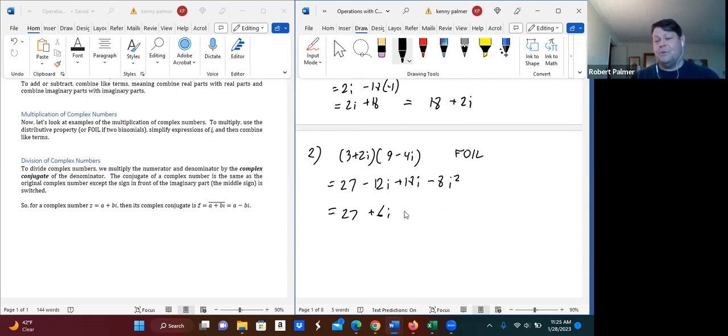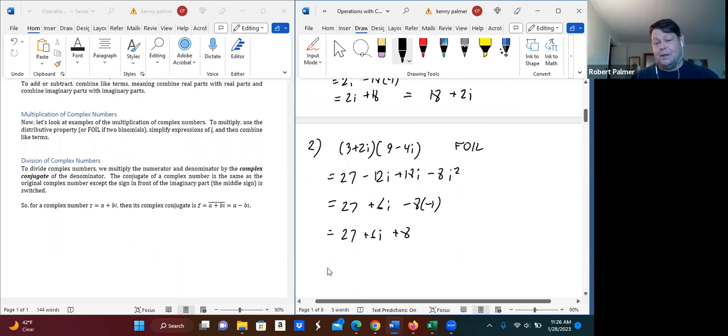And then, as we saw before, i squared is the same as -1. So we have 27 plus 6i, then plus 8. Finally, I want to combine our like terms, the real parts. And so 27 plus 8 is going to be 35. So our result is 35 plus 6i.